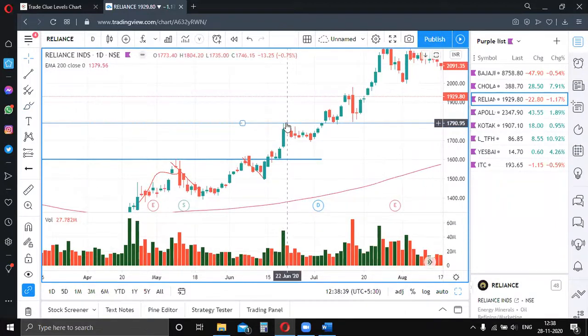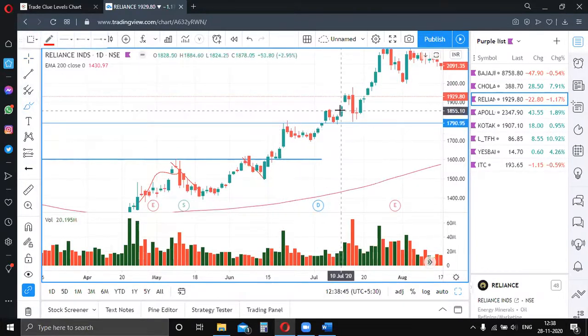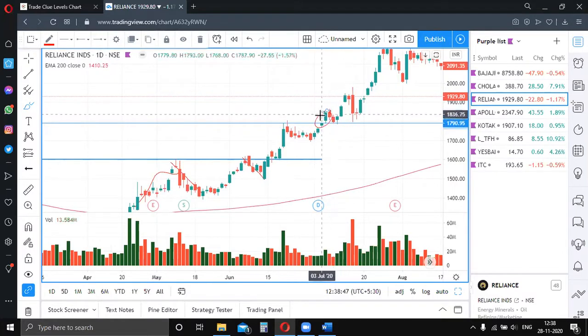Simply go and put a line on that chart. As soon as I get a follow-up candle, see what happened. This was the candle closing above all the cluster. Now that near-term resistance also becomes a support and the stock will start flying from there.